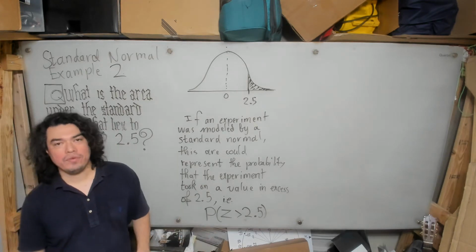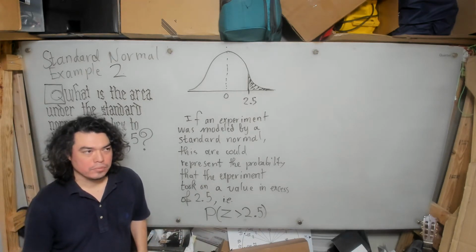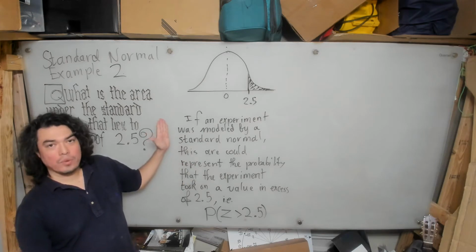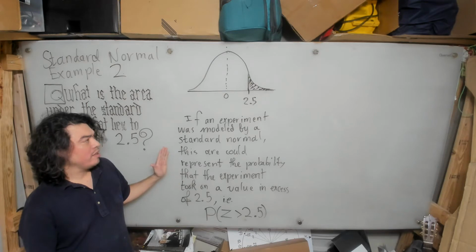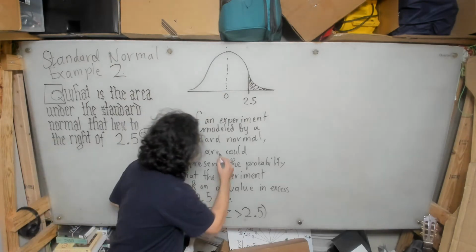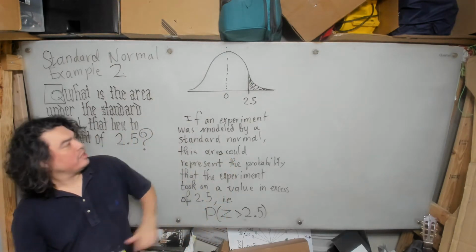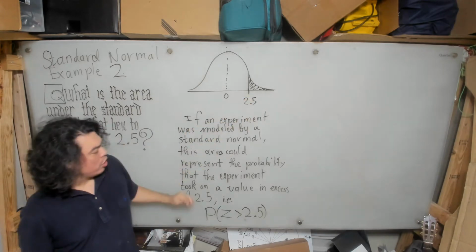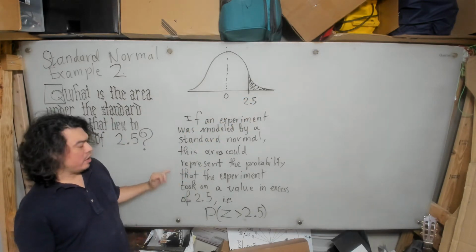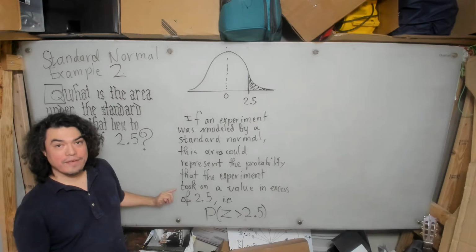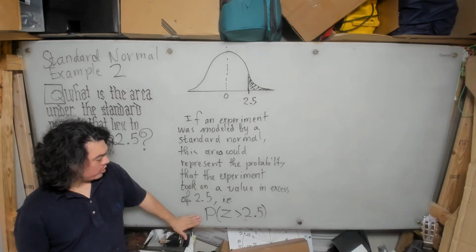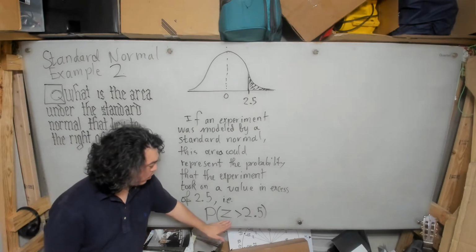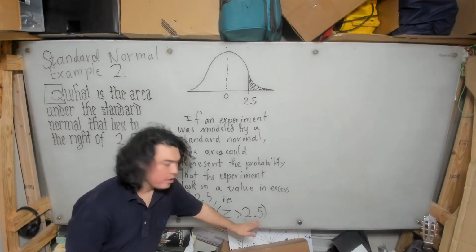If we had an experiment that was modeled by the standard normal, this area that's shaded here could represent the probability that the experiment took on a value in excess of 2.5, or in other words, the probability that the standard normal takes on a value that is greater than 2.5.